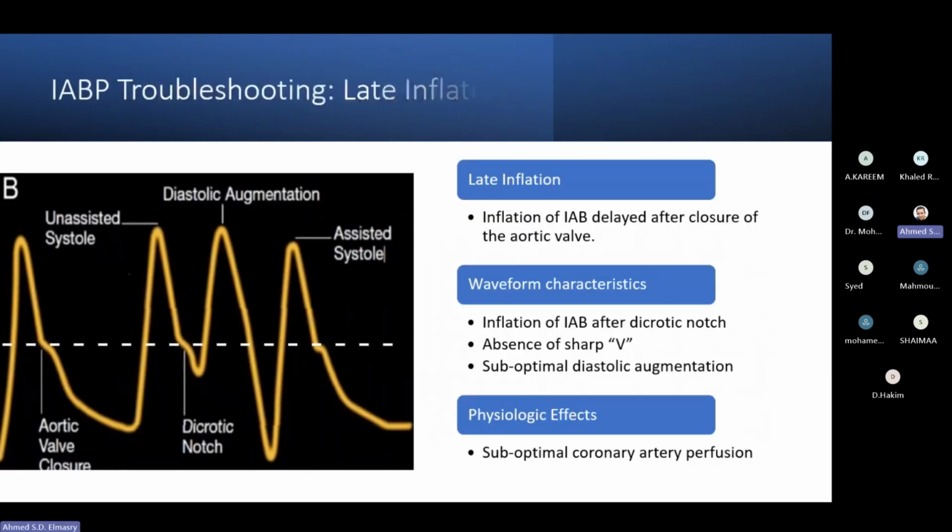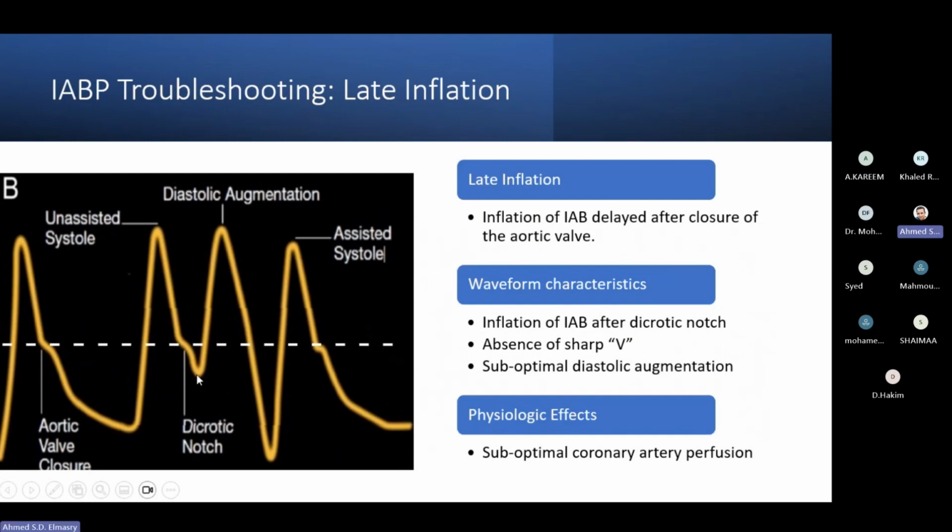Going to the next one, which is the late inflation. So again, put 1:1, apply the reference lines to the dicrotic notch of the unassisted waveform. So you have to compare the level of the dicrotic notch to the point of the inflation. As you see here, the point of inflation happened after the dicrotic notch.